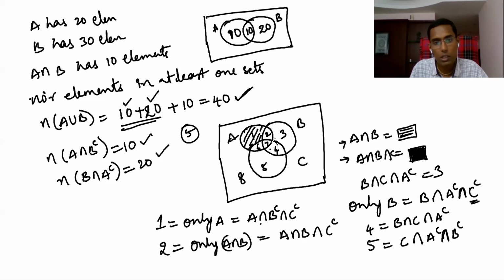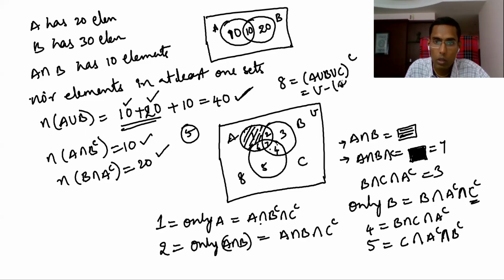So like that, the 6th and 7th parts. Then the 8th part, I also explained yesterday. It is the complement of A union B union C. From U, if you subtract A union B union C, what you get is the 8th part.